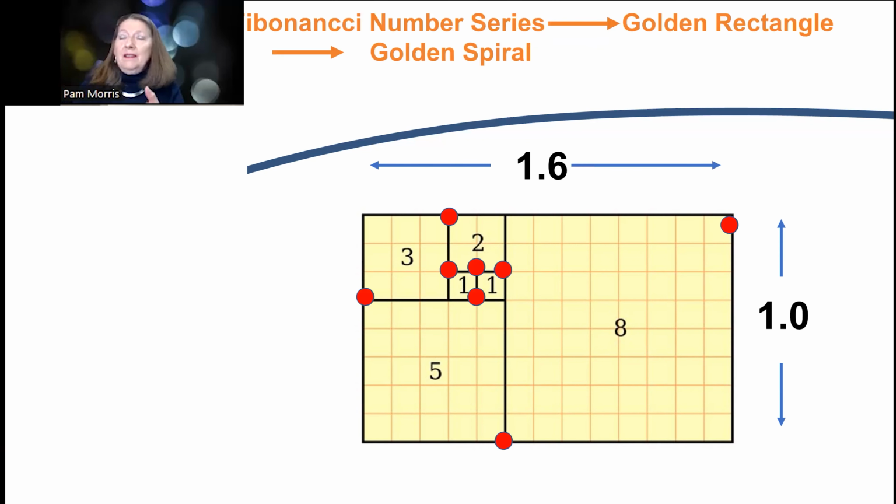But that's just mathematical. What they found is that if you can put any part of your subject, of your image, on any of the intersections of these, then you tended to have a stronger image. So it's all about the intersection of these aspects of this rectangle.